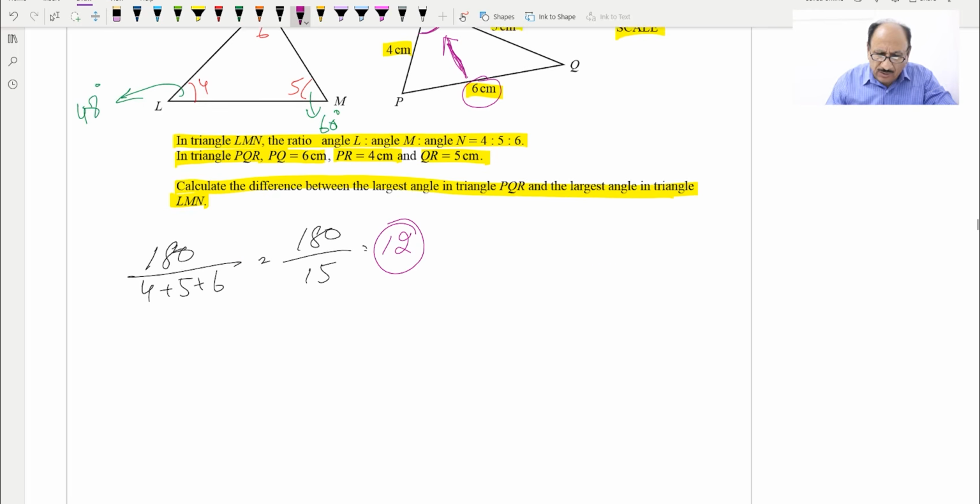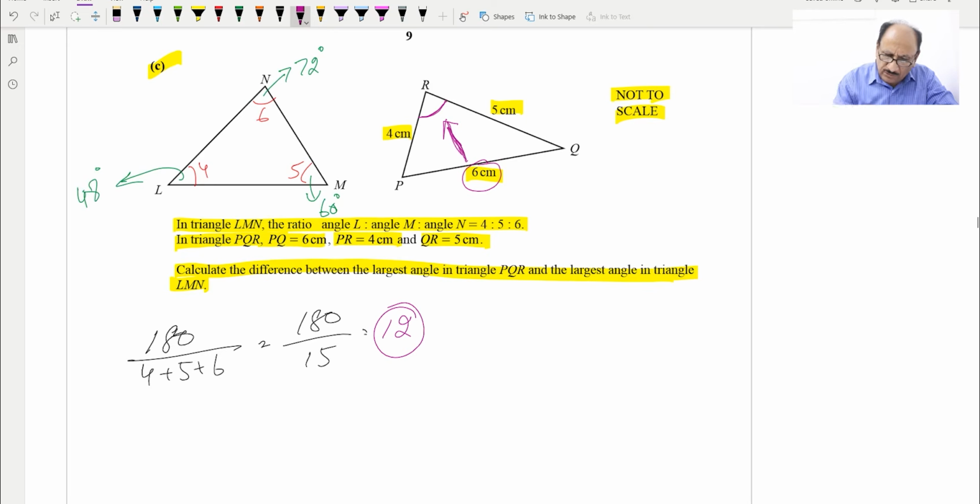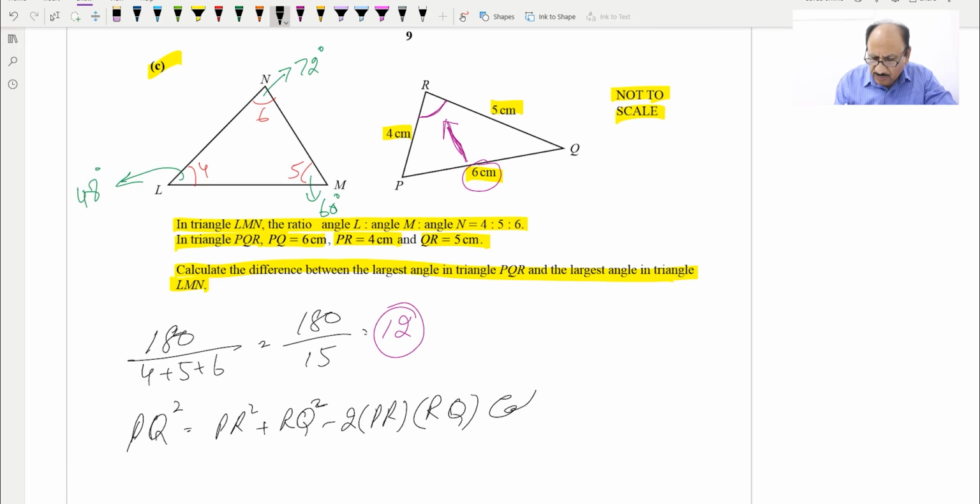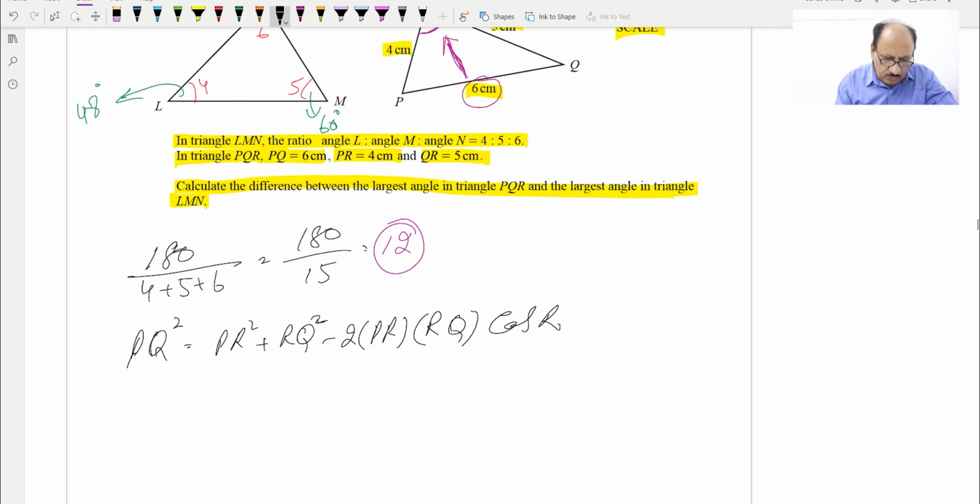Now we will be calculating angle R. We can use the cosine rule, and the cosine rule will be: PQ square is equal to PR square plus RQ square minus 2 into PR into RQ into cos of R. This is the cosine rule which I am writing for you so that you can understand better. R is required, so you can directly write the cosine formula in terms of theta also.